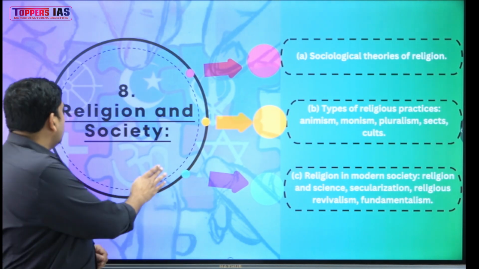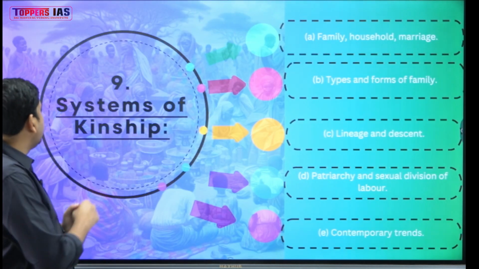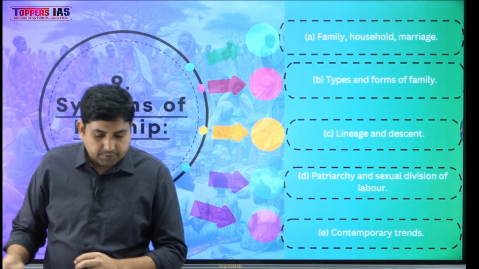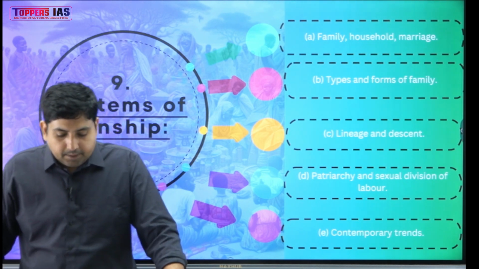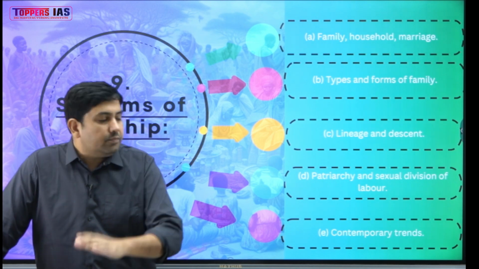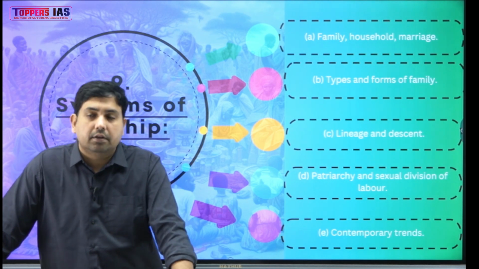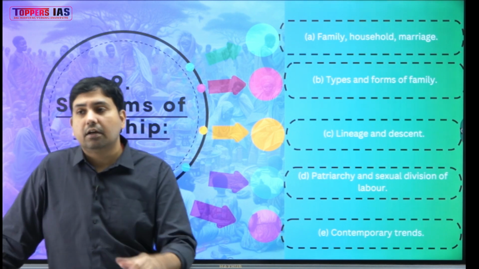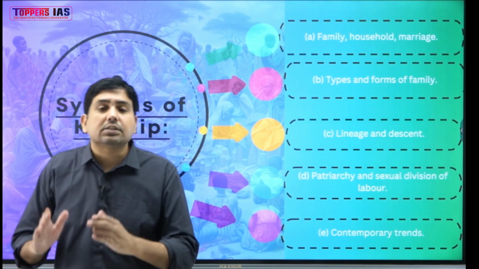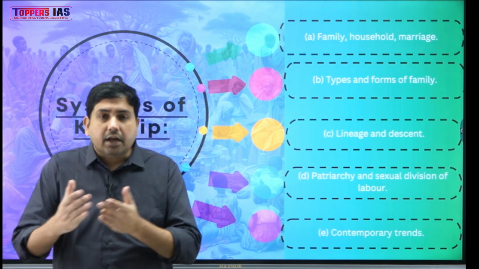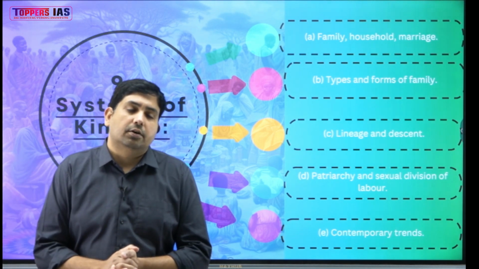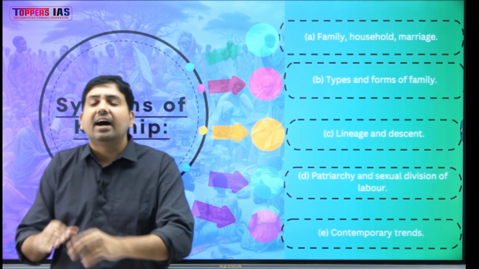Then we come to the subtopic, Unit 9, Systems of Kinship. When we talk about this topic, what does it focus on? Family. It focuses on marriage and how people are related to each other through descent and alliances.